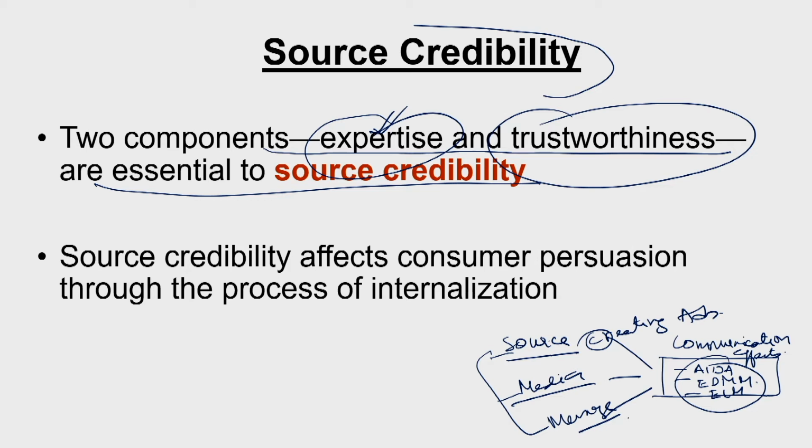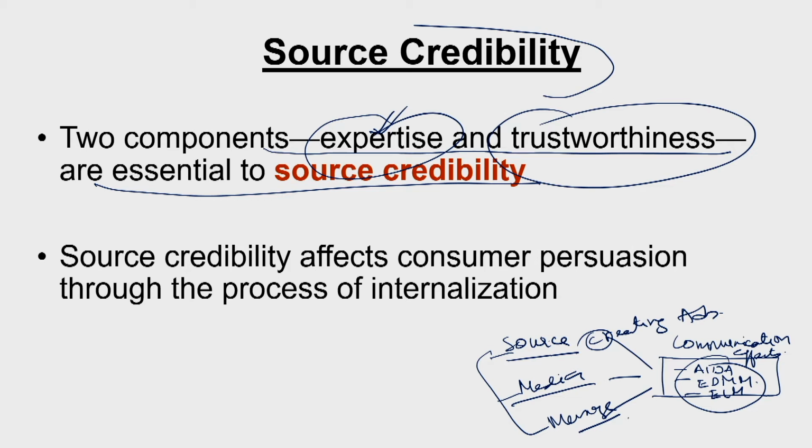But if an incompetent source is used, then people don't trust it. For example, let us take any other ad. Let us say an ad for masala, or an ad for spices.